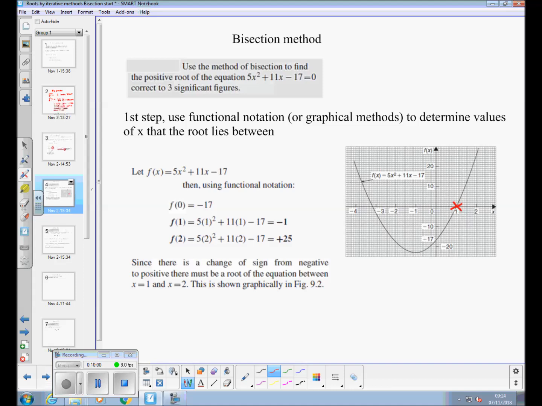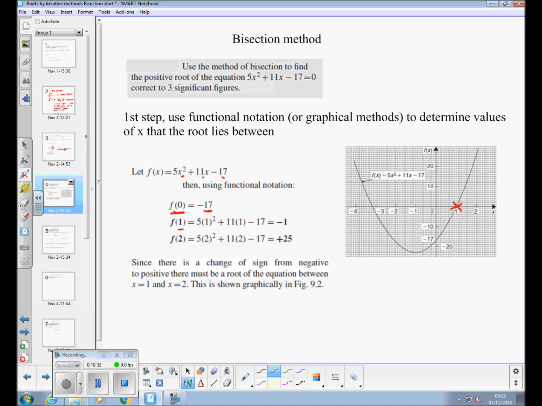And it looks like it's around the area where x is equal to 1. So when x is equal to 0, we get a negative result, minus 17. So if we put 0 in here, that bit's 0, that becomes 0, that bit is minus 17. So it's negative.